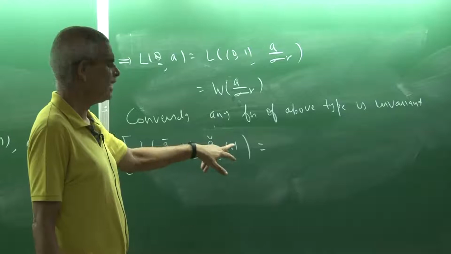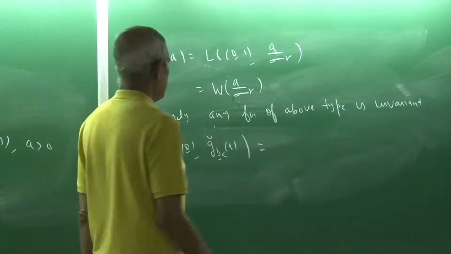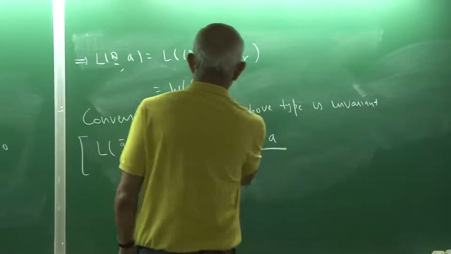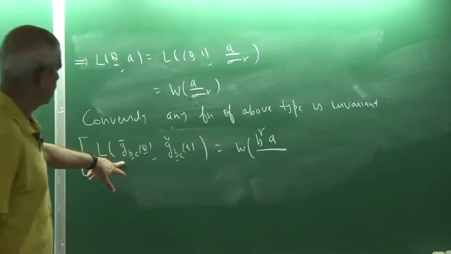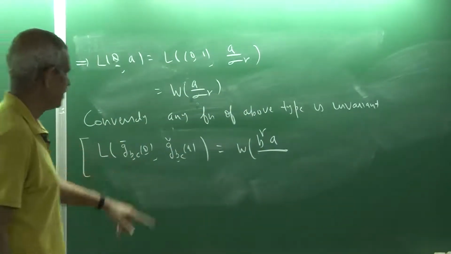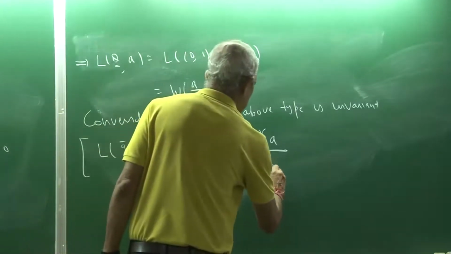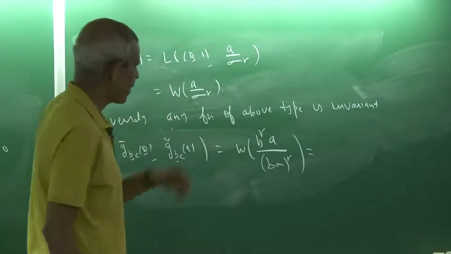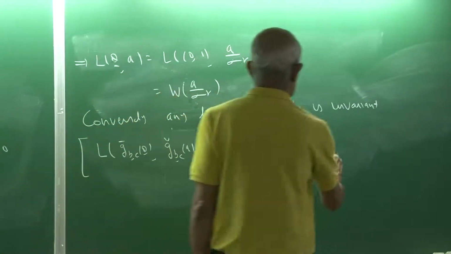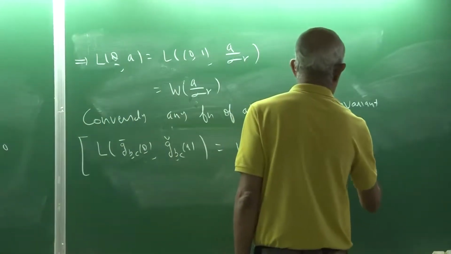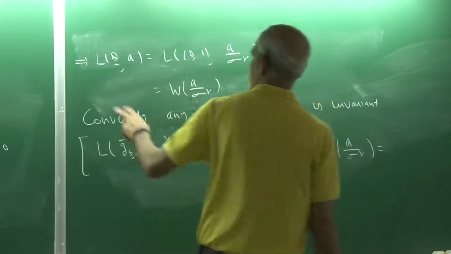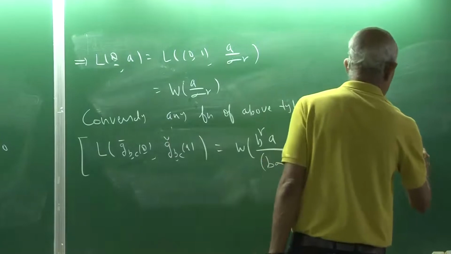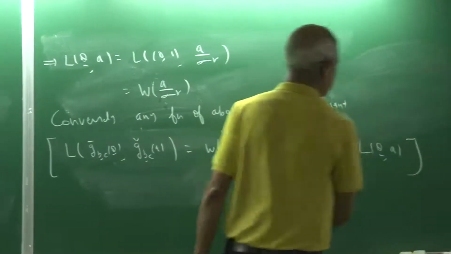Under g tilde, a is transformed to b to power r into a. So it is W of b to power r a, and sigma under g bar bc theta gets transformed to b sigma to power r. So b to power r, b to power r gets cancelled, which is nothing but W of a by sigma to power r, which is nothing but L theta a. So the converse is also always true.